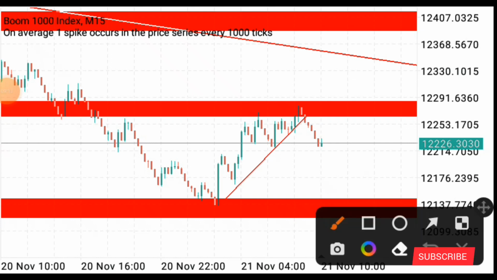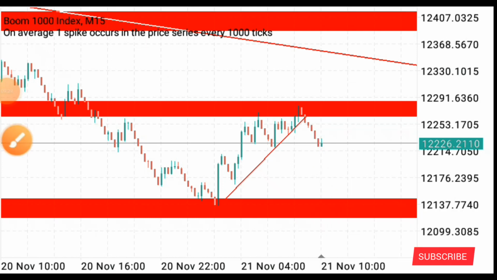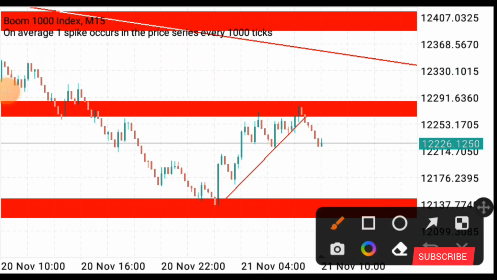it is going to break below it, retest, and then continue to the downside, right? So as you can see, it's already late for me to take any entry now, right? But now I know what is going on in the market. So either I wait for it to get down here and then I buy, or I wait for the break and retest and then sell to the downside.